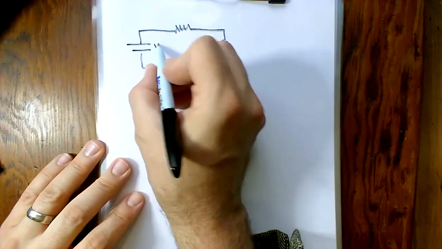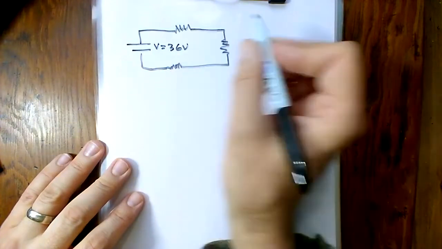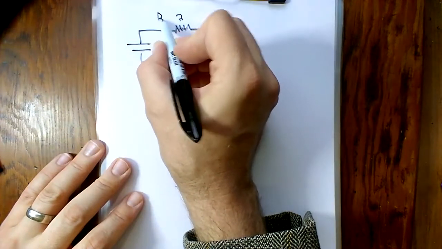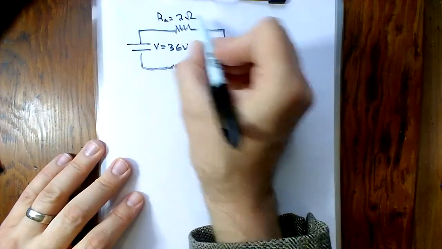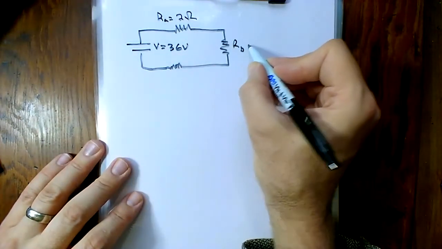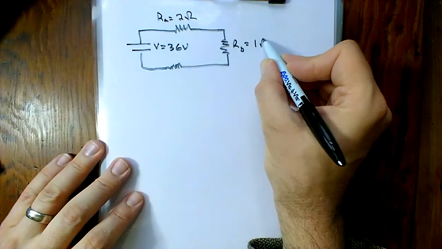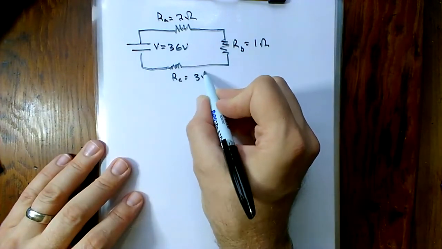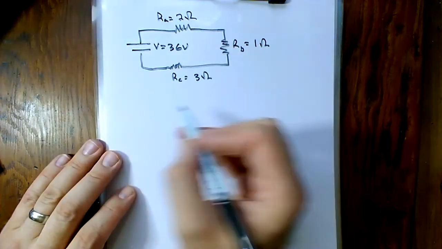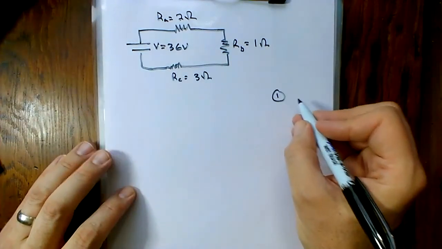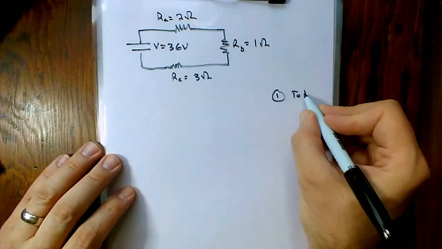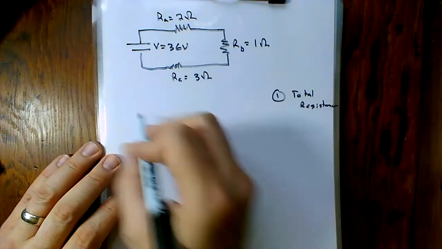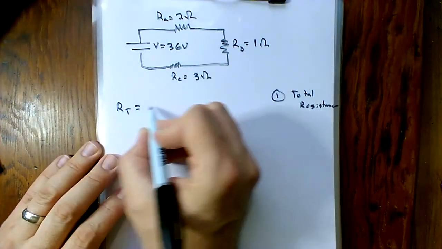Let's say that our voltage is 36 volts, and I've got 2 ohms for my resistor A, 1 ohm for my resistor B, and 3 ohms for my resistor C. So the first thing that we need to do is calculate our total resistance.